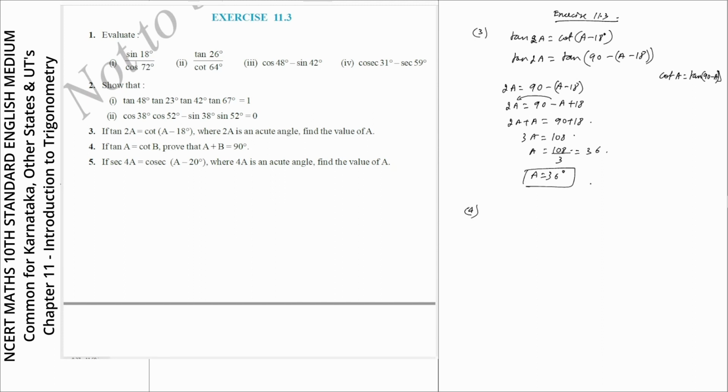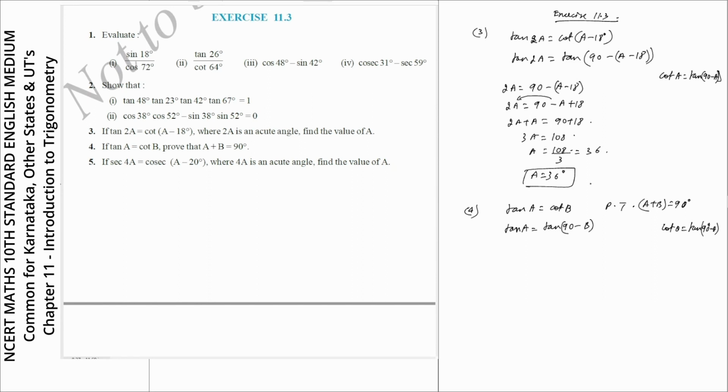Exercise 11.3, question number 4. If tan A is equal to cot B, prove that A plus B is equal to 90 degree. So given tan A is equal to cot B, so right hand side I'll write cot B. I can write it as tan of 90 minus B, because cot theta is equal to tan of 90 minus theta.